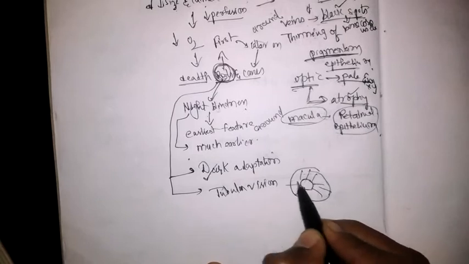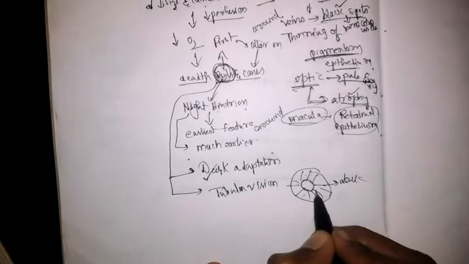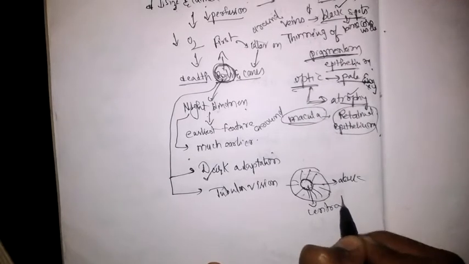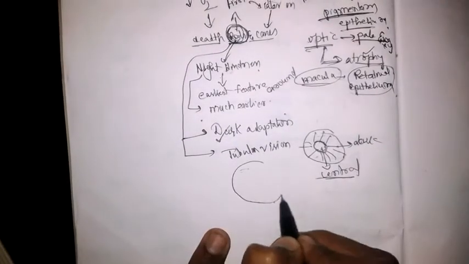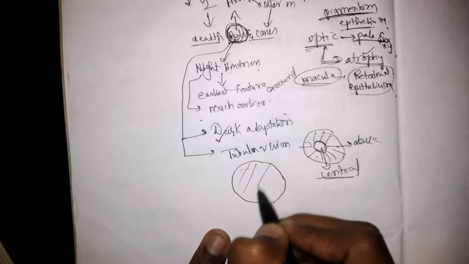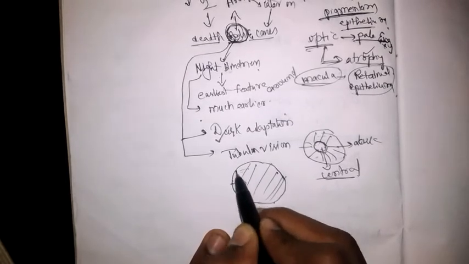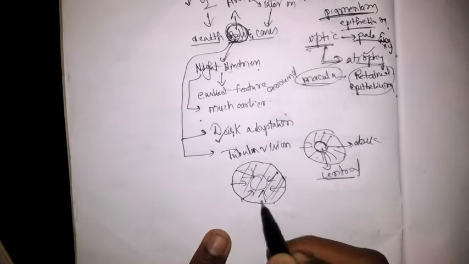All the peripheral part will be dark. The reason for this is that the pigmentary epithelium will get affected peripherally first, then the central part will get affected.